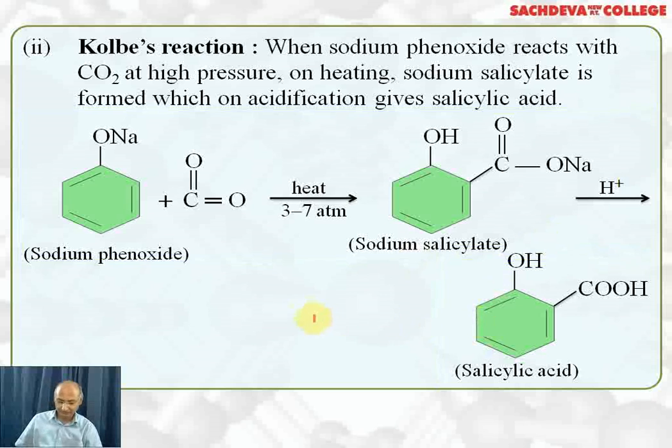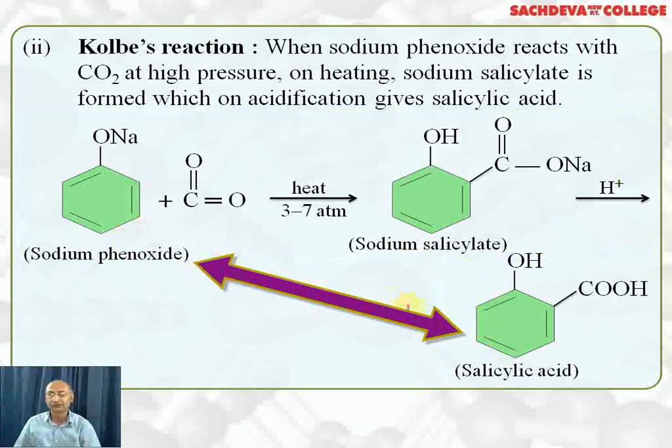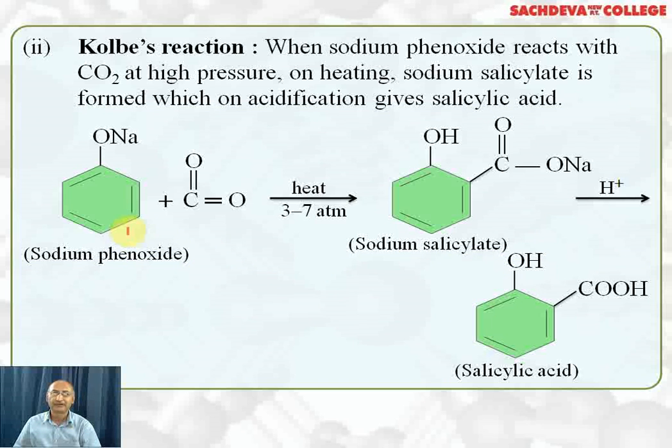So this reaction is Kolbe's reaction, by which we can convert phenol to salicylic acid. Phenol will react with NaOH to form sodium phenoxide, which then reacts with carbon dioxide to form sodium salicylate at high pressure and on heating, which on acidification gives salicylic acid.